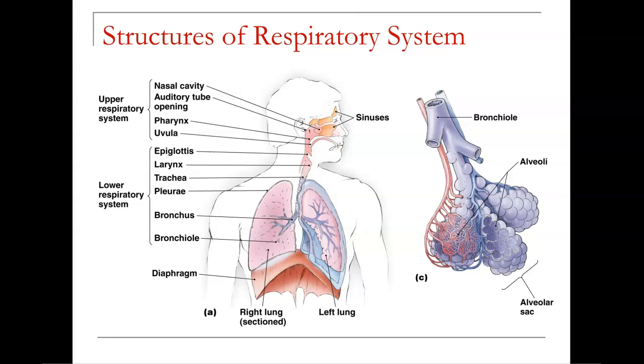These help the air enter through the trachea into a succession of smaller and smaller branches, from the bronchi to the bronchioles to the alveoli, which are the little air sacs that you're going to see within the lungs. Those are where actual gas exchange occurs. You see those over to the right-hand side, and they look like little air sacs or little bubbles. This is where actual gas exchange occurs along the respiratory membrane.